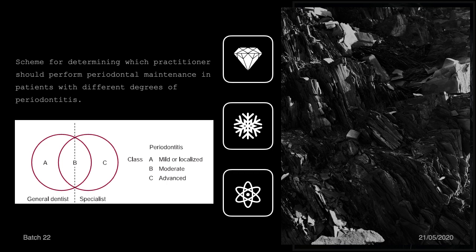The schema for determining which practitioners should perform periodontal maintenance for patients with different degrees of periodontitis is that mild to moderate can be treated by a general practitioner rather than a specialist referral. If the patient shows moderate to advanced periodontal disease which cannot be managed with non-surgical procedures or minor periodontal surgeries, then you have to refer the patient to a specialist for proper periodontal surgery.